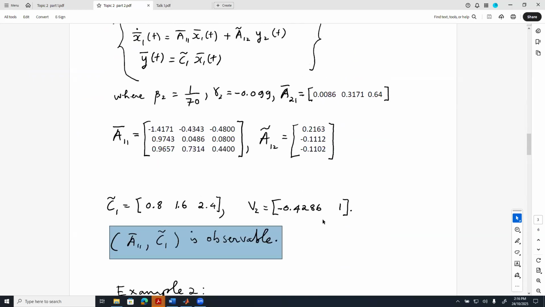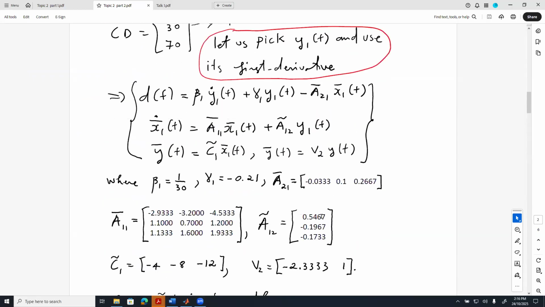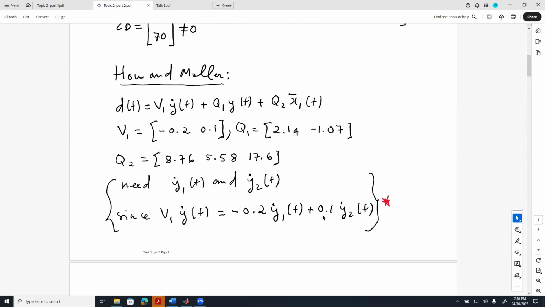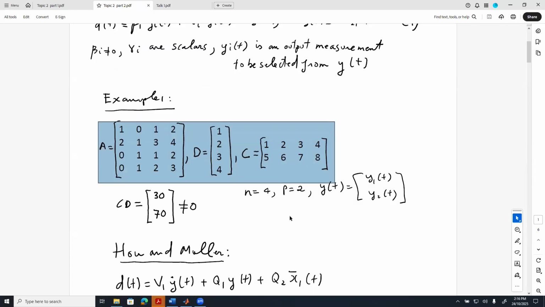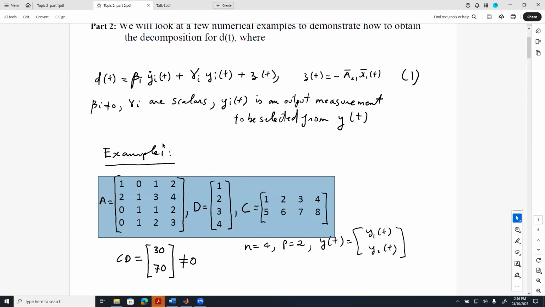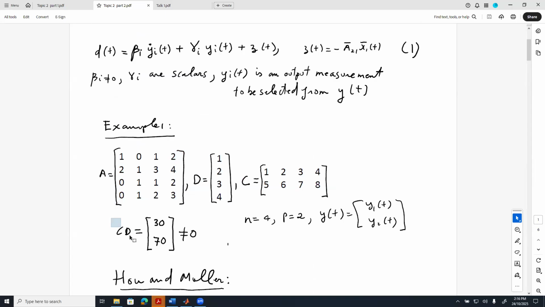So as you can see from numerical example 1, given this system, we have two ways of expressing or decomposing the unknown input, because the product CD gives us two non-zero elements.